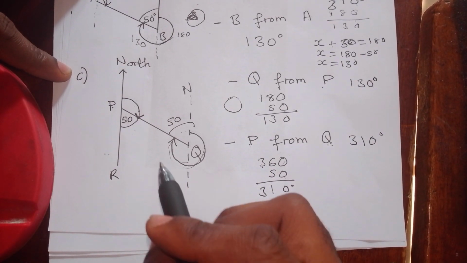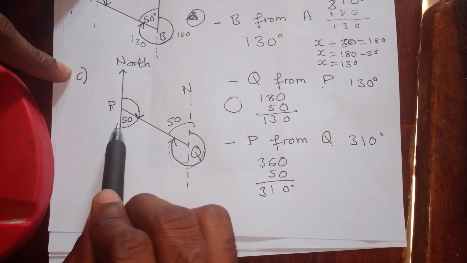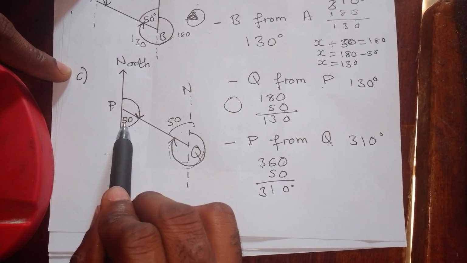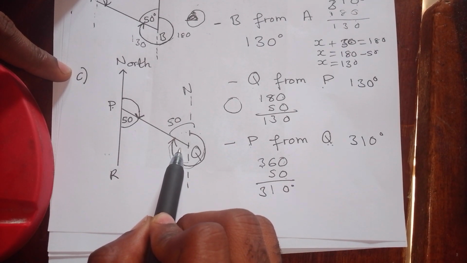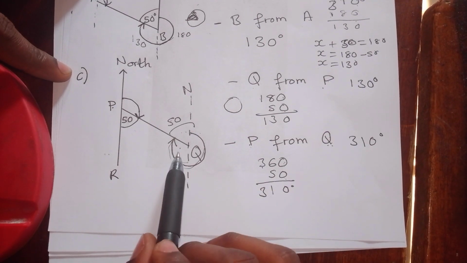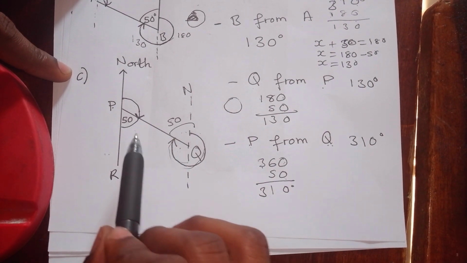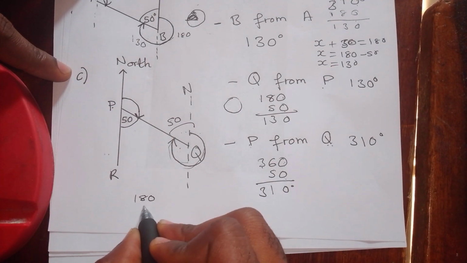An alternative is to say these two here are complementary angles. So when I add this to this, I should get 180 degrees. So in order for me to find this, I can just subtract this from 180. I'm just giving you an alternative.